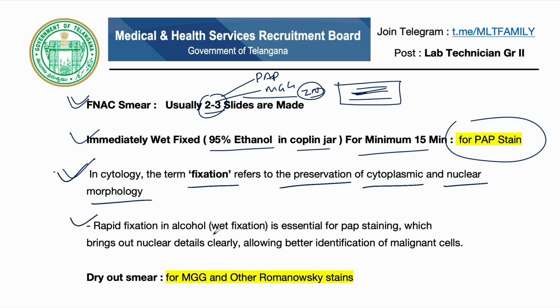Rapid fixation in alcohol, called wet fixation as explained above, is essential for Pap staining, which brings out nuclear details clearly, allowing better identification of malignant cells. The other is to let the smear air dry, like we do for blood smears. This is done for Romanovsky stains like MGG, Giemsa, etc.